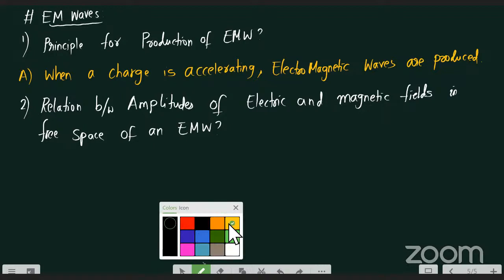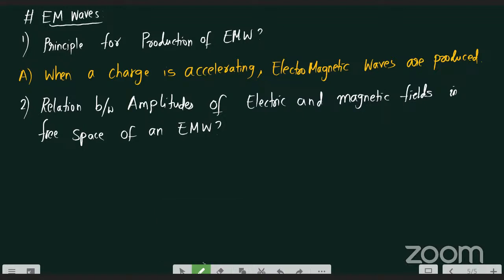So what is the relation, sir? If I want to explain, I can write out the equation, but as we are attempting the answer, writing the relation would be more than sufficient.